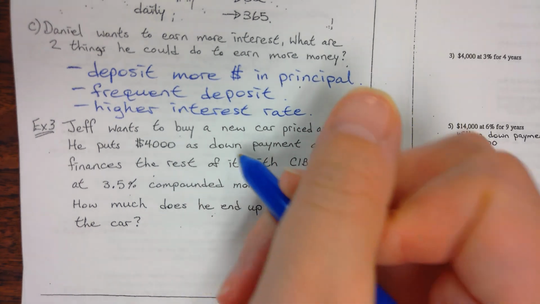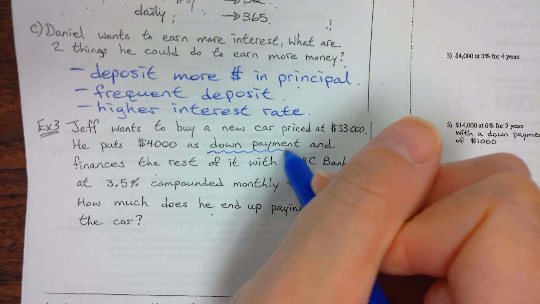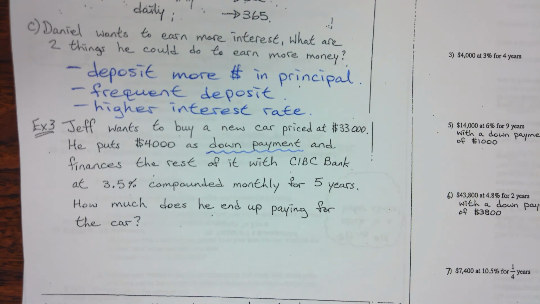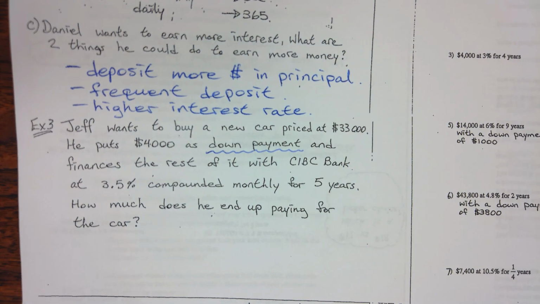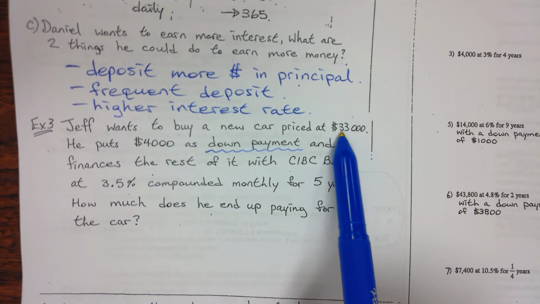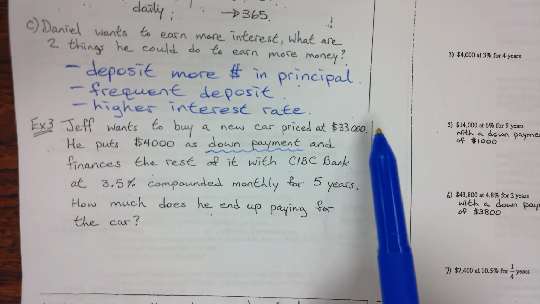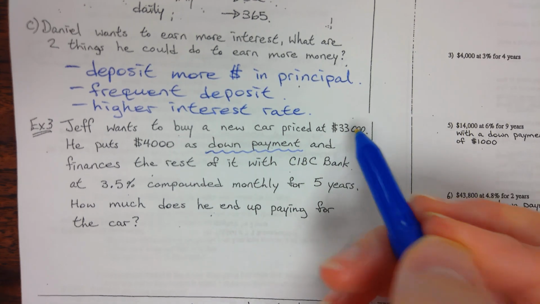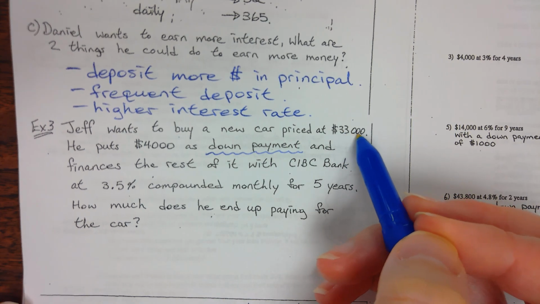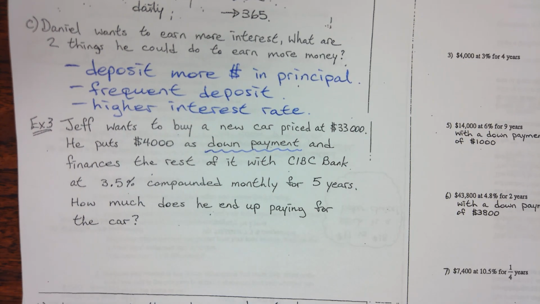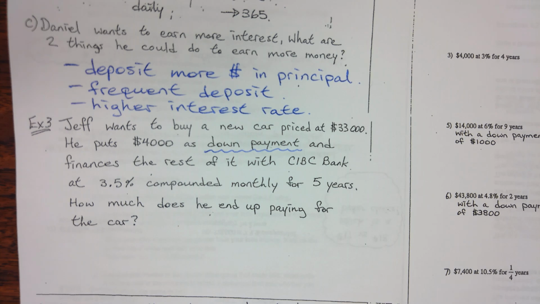What does the down payment mean? Right? You'll see this word come up on the EQAO as well. Okay, so a down payment is like paying down your principal, the amount that you have to borrow. So instead of borrowing 33,000, you are only borrowing 29,000 because you paid $4,000 right off the bat.